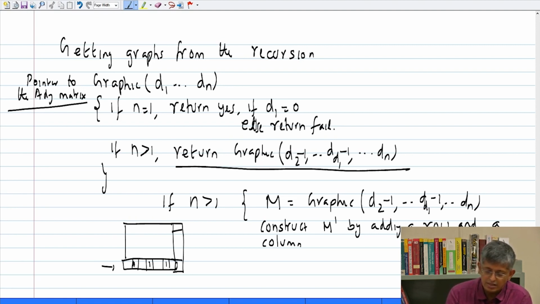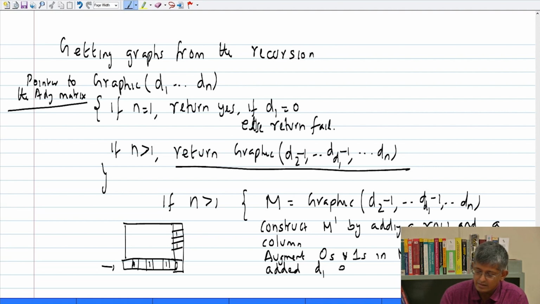So just ensure that in appropriate places you put a 1 in this column. Construct M prime by adding a row and a column, and set zeros and ones in M prime to represent the added d1 edges. Okay. And then you return M prime.